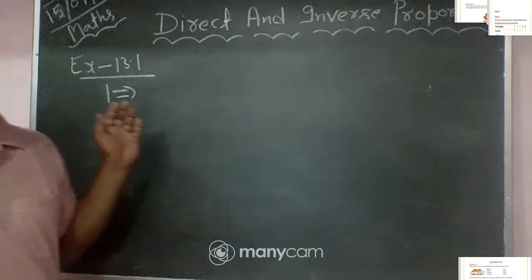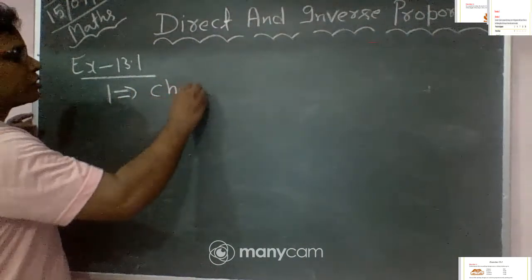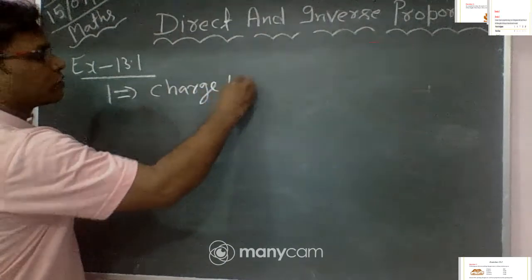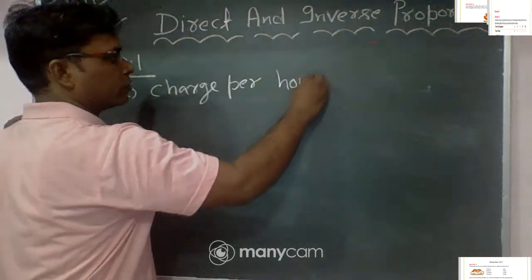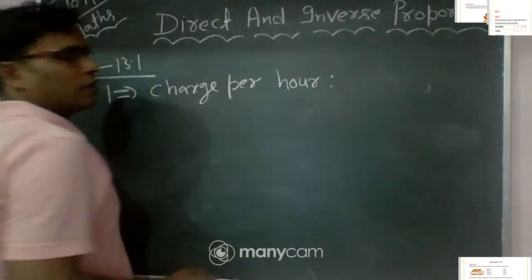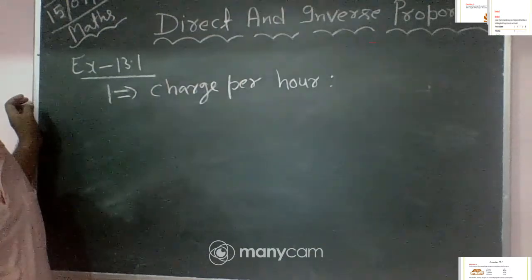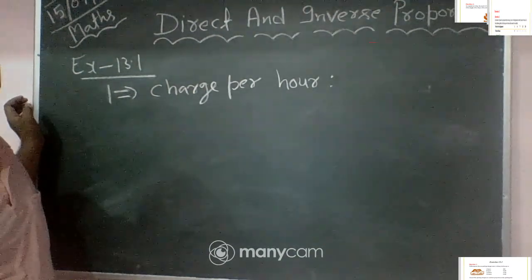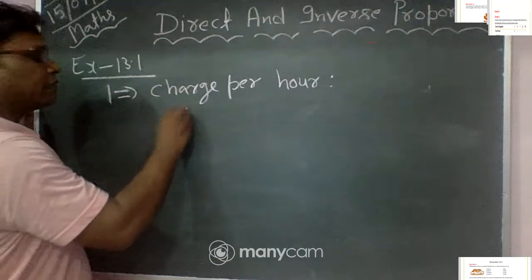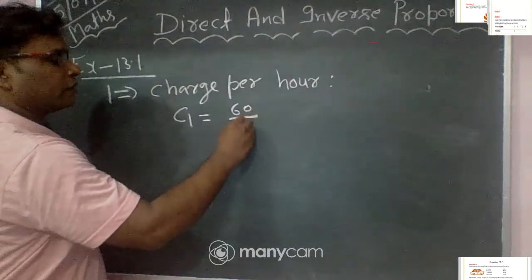So let's see question number 1. You find the charge per hour. Okay, so first parking is 4 hours, 60 rupees. So we will find the charge per hour, 60 by 4.